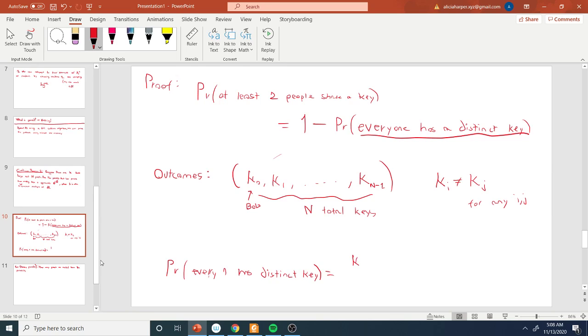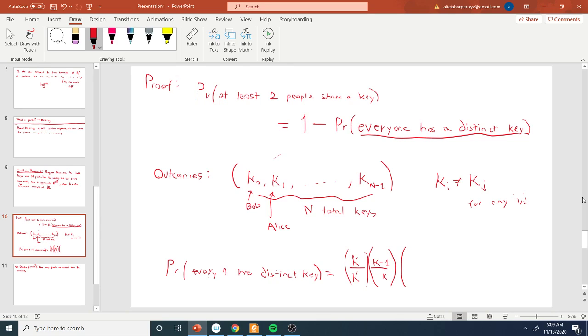So it would be k over k. He has no obstructions to his choice. But now the second person choosing a key is Alice. So Alice, well, she can look at all k keys, but now there's one that she has to avoid, the key that Bob chose. So she has k minus 1 choices to make. And so the probability that she chooses one of them is exactly k minus 1 divided by k.